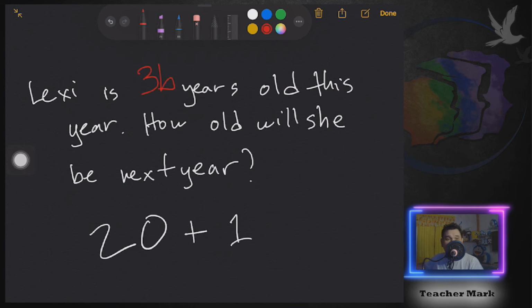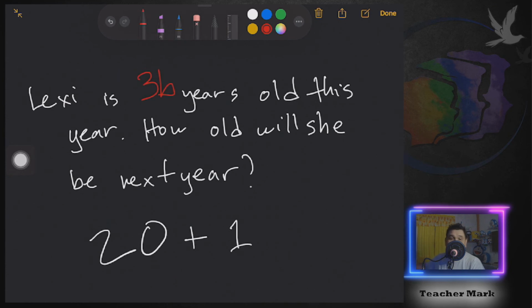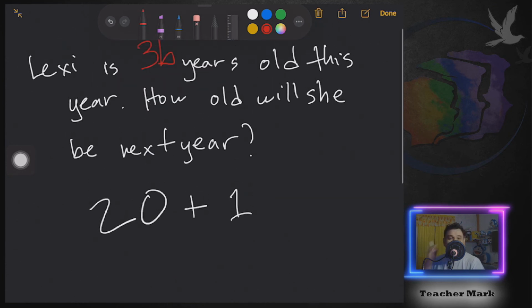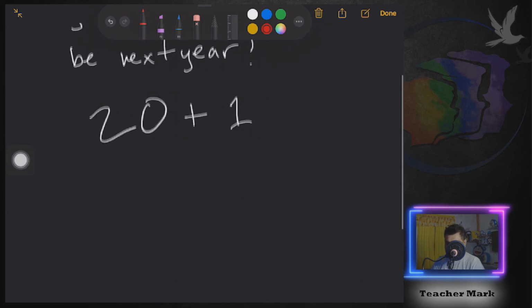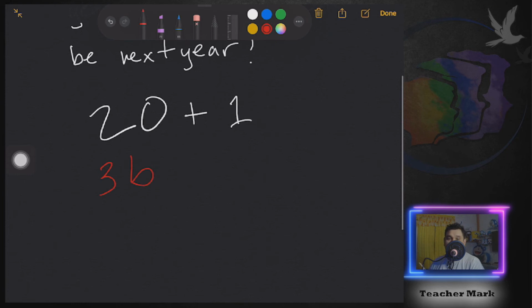Okay, for example, if I'm going to replace the 20 years earlier with 3b years. Lexi is 3b years old this year. How old will she be next year? So basically replacing the value earlier, we now have 3b years. Doing the same logic, she is 3b years right now this year.